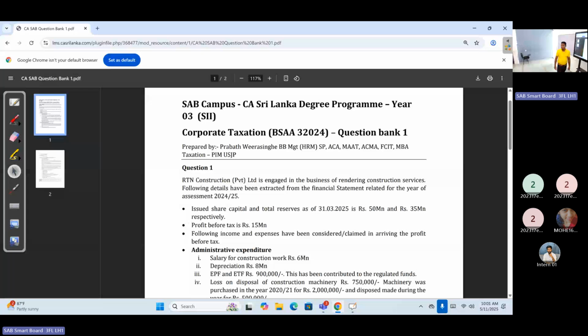So then the deductible amount is 40 million. Right? So it means can we claim that 40 million? No. This is 40 million, this one below. Right.